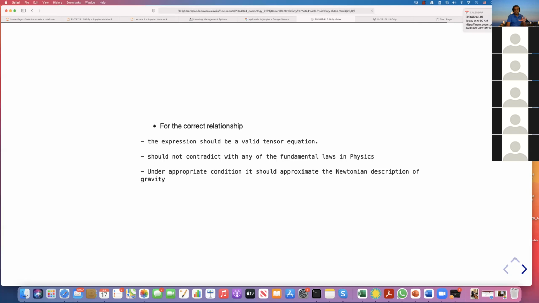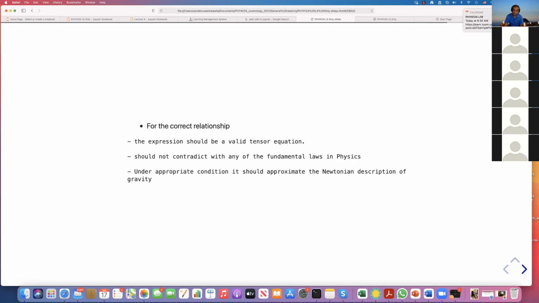So these are the three conditions that have to be satisfied in order to have a correct relationship. So when you put something for A and something for B and make an equation, that equation has to satisfy these conditions to be a valid equation, right? That's how we can think about this.